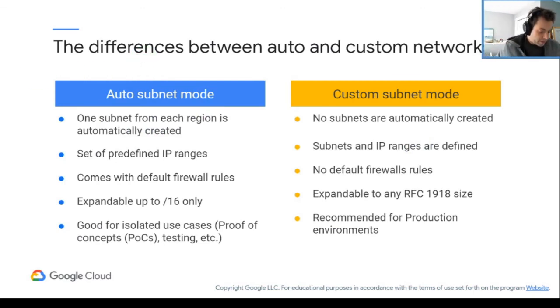All right, so we have a little bit of information here. I'm going to gloss over some of it. Auto subnets mode in your VPC network is what you basically get by default. Every time you create a new project, you get a new VPC network, a subnet from each region, and a set of predefined IP address ranges.